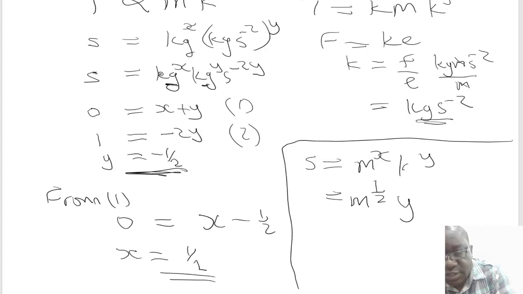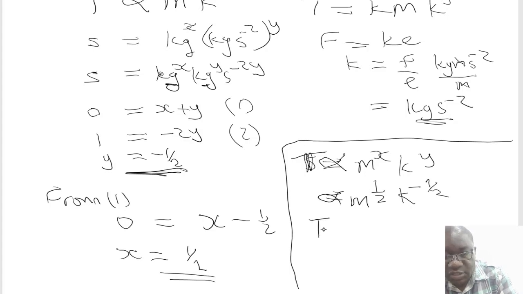So this is k to the power of minus half. So this is supposed to be t again over there. So these are quantities. So this is supposed to be a proportional sign.